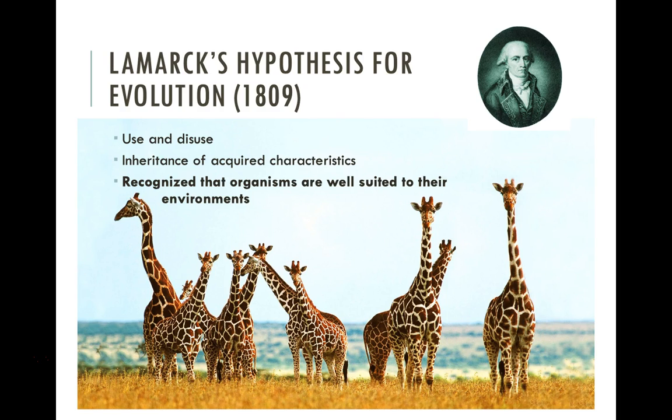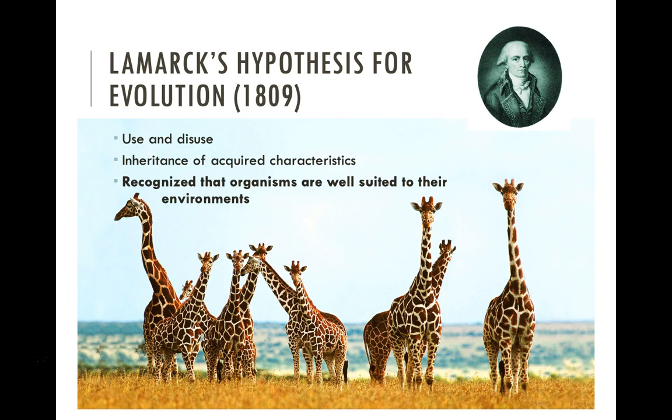His hypothesis was that an organism could acquire a characteristic over its lifetime, and that characteristic would be passed on to the next generation. This would be analogous to a baby giraffe being born with a short neck like a horse, and it stretching over its lifetime so that now when it has a baby, its neck has stretched as well.